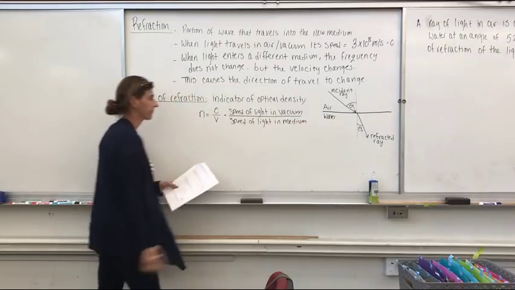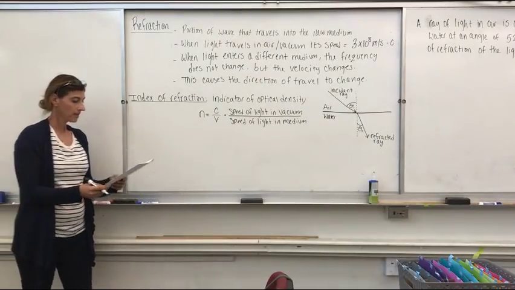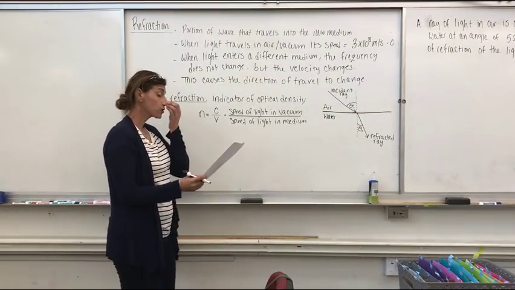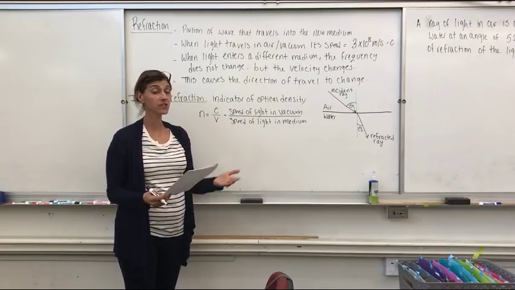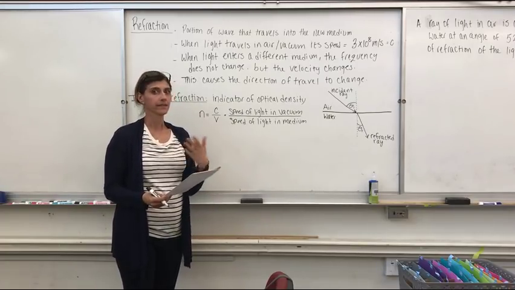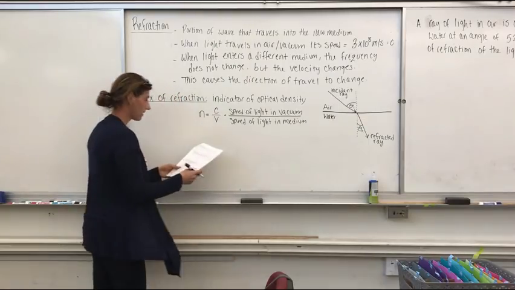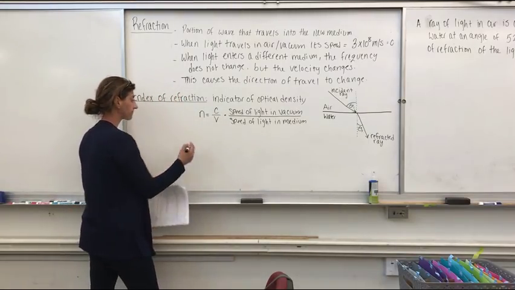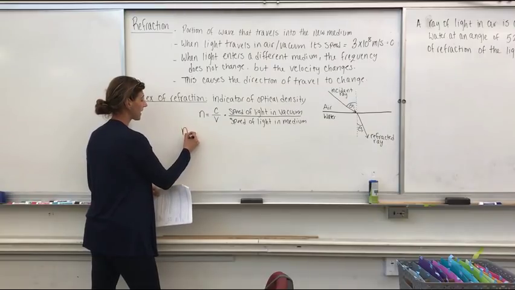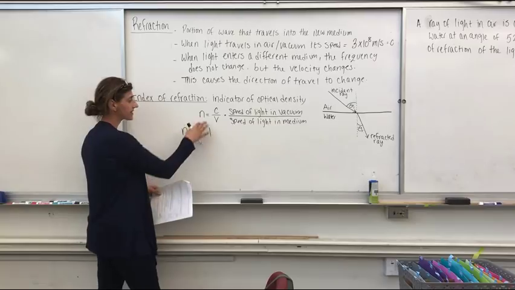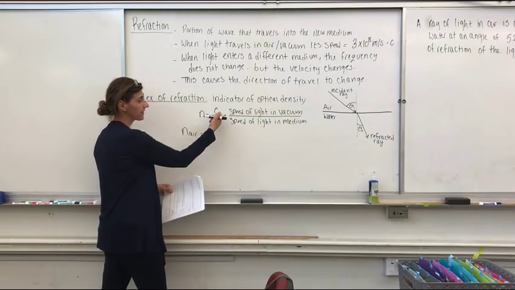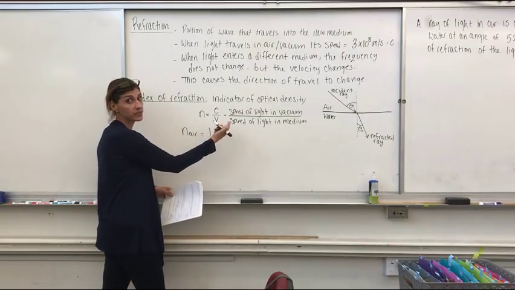So there are two values that you should just kind of know off the top of your head, and as you do these practice problems, you'll learn that you won't ever forget them. And the two values are the n for air is always equal to 1. And this n is unitless because you've got meters per second here and meters per second here, which cancel.